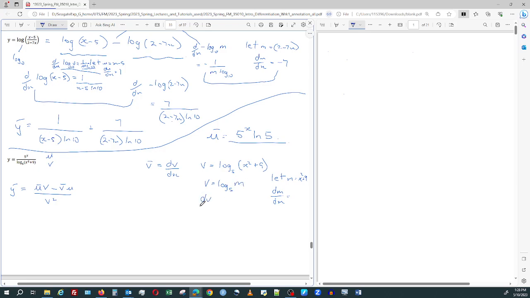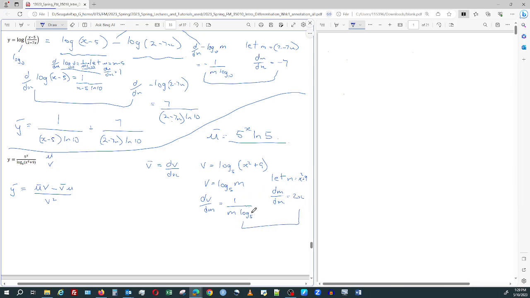So dv/dm. Now in the same way that we just applied the rule to u and u dash, log base 5 of m gives 1 over m, which we expect for ln, but we have to remind ourselves to divide by the ln of 5. This one here is just your normal 2x. The constant's gone. So we're going to put those two together as a chain.